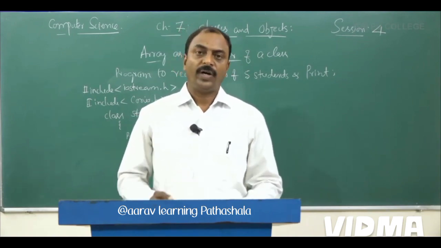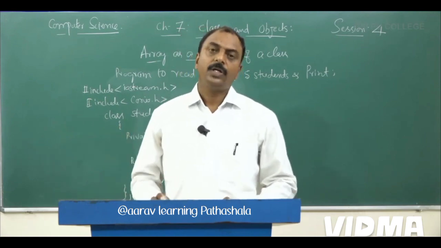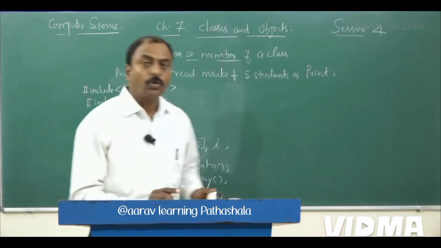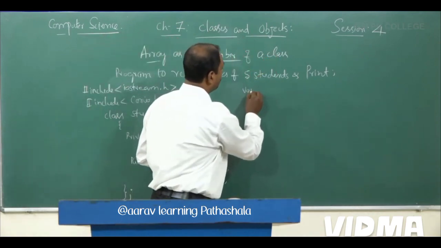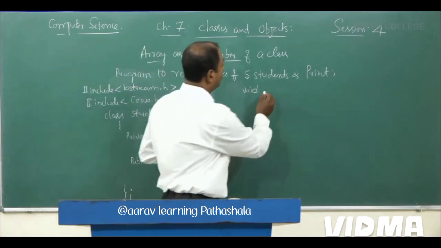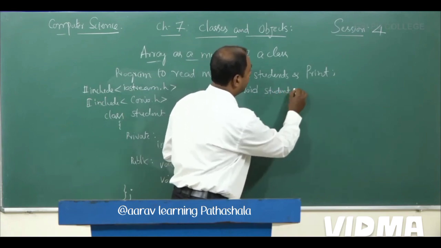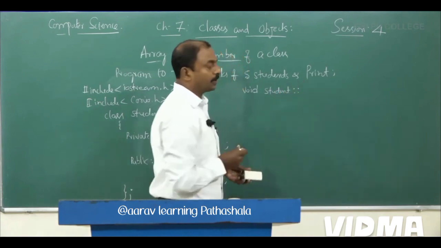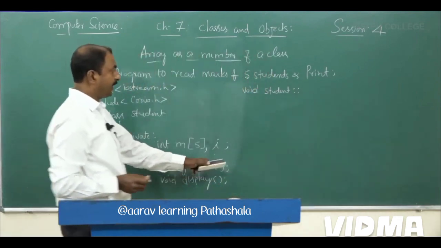Now let us define these two functions with the help of the scope resolution operator. How do we do that? First we start with the function. The first one is void. What is the class name? The class name is student here. Void student, and here I am using the scope resolution operator. What is the function name? The first one is get data.